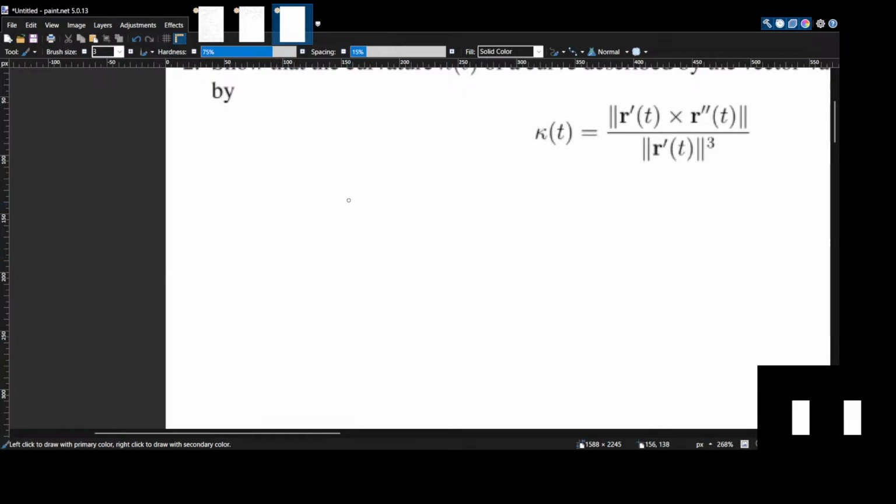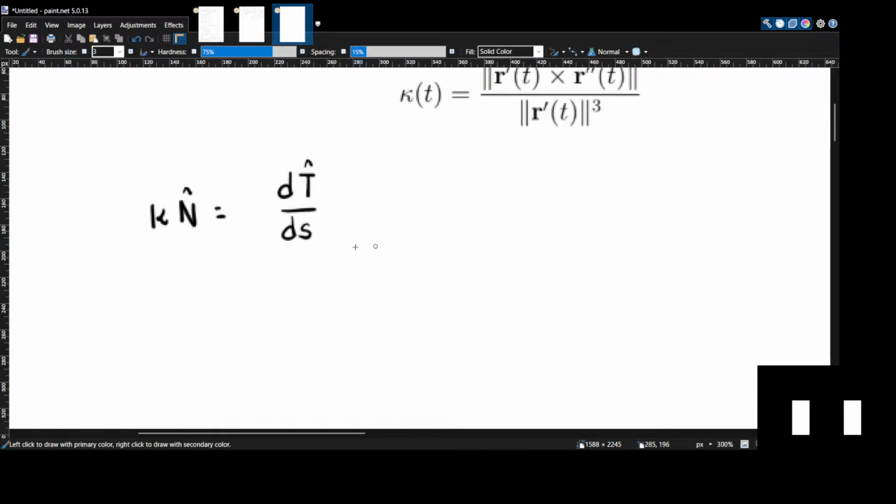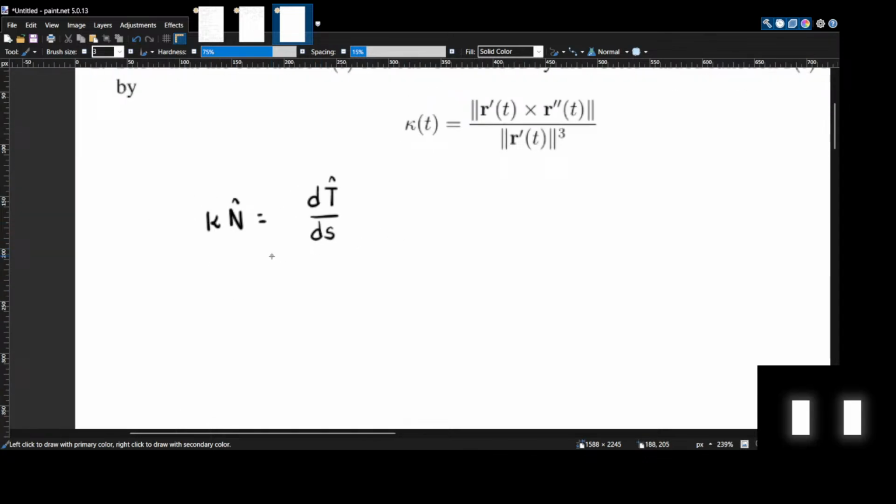So what we want to find is kappa. We do know that kappa n is equal to dT by ds. We know this for a fact. Therefore, we also know that n cross T is equal to 1.